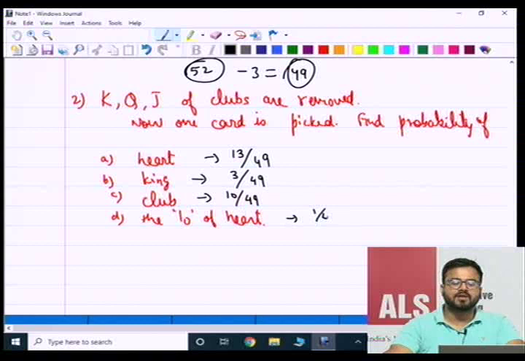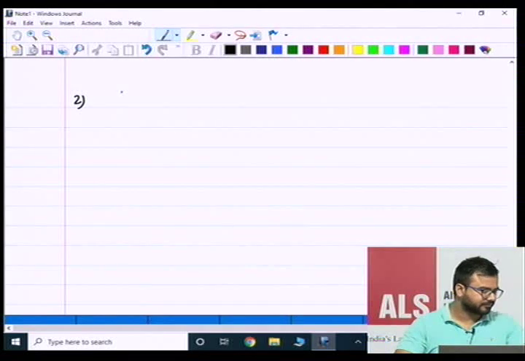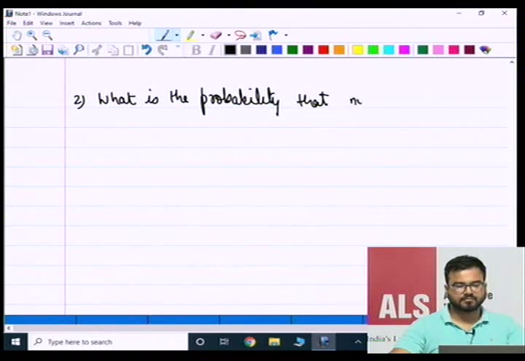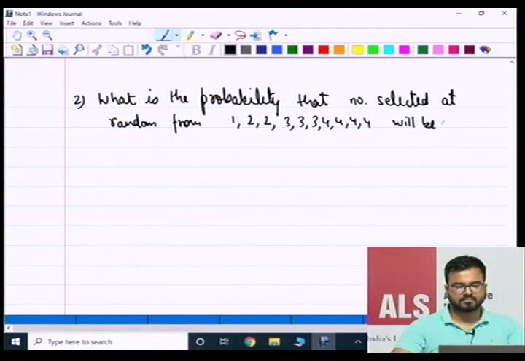There is one 10 of heart, so 1 by 49. That is the answer. Try this.